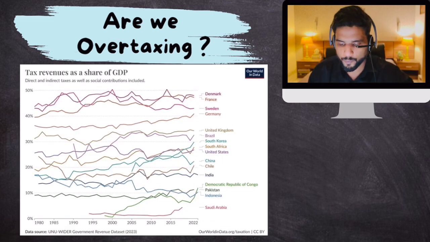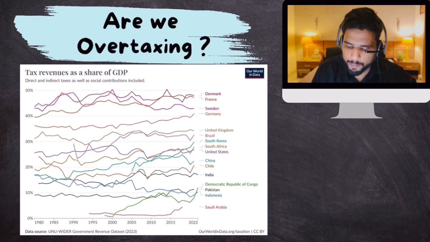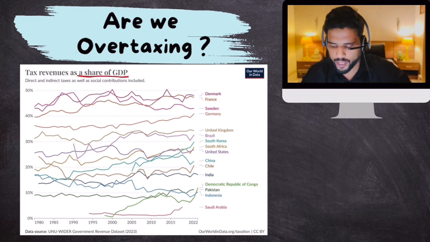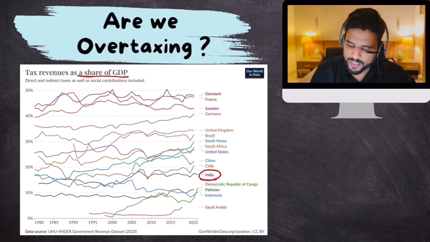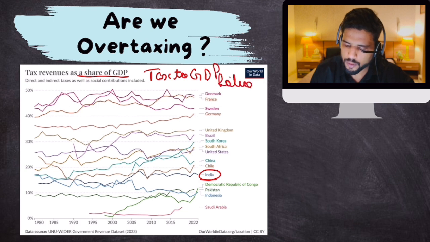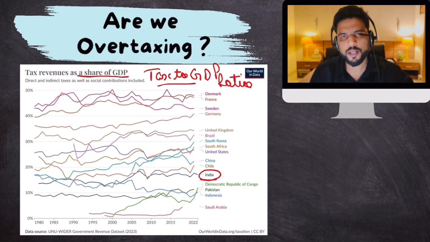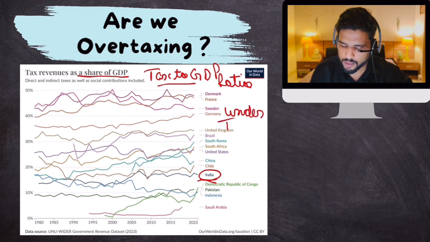Let's go to chart number 2, which is tax revenue as a share of GDP. Here we find that India is very low. This chart is talking about the tax to GDP ratio. India collects very little tax as a percentage of its GDP, so somehow we can say that we are undertaxed.